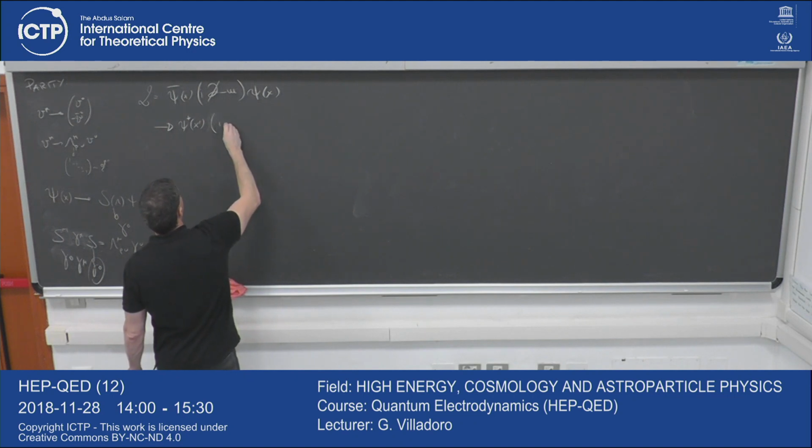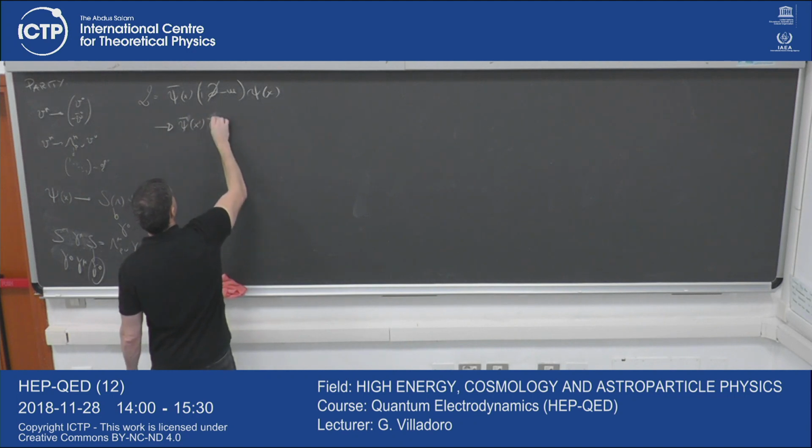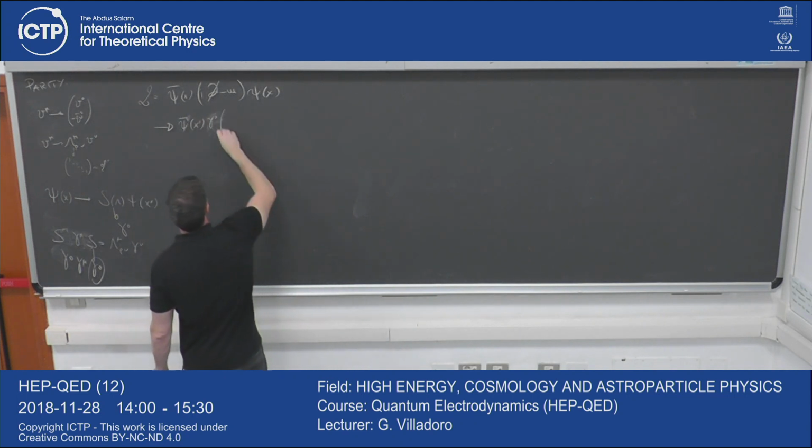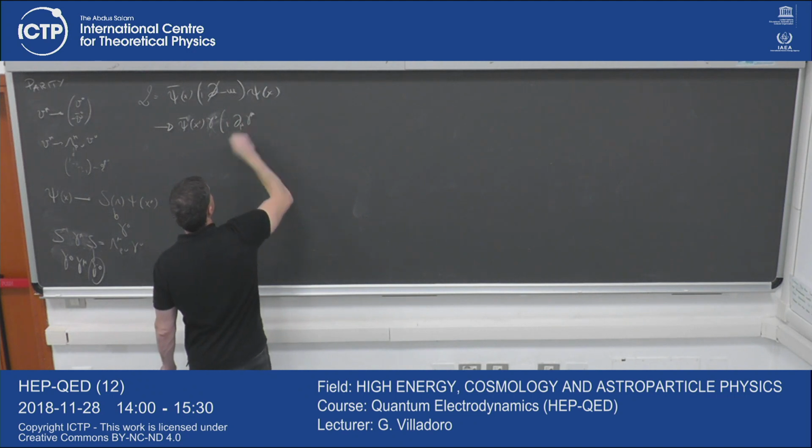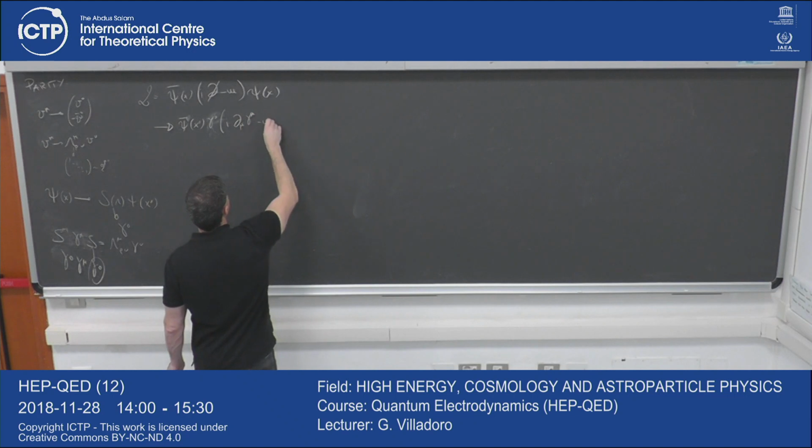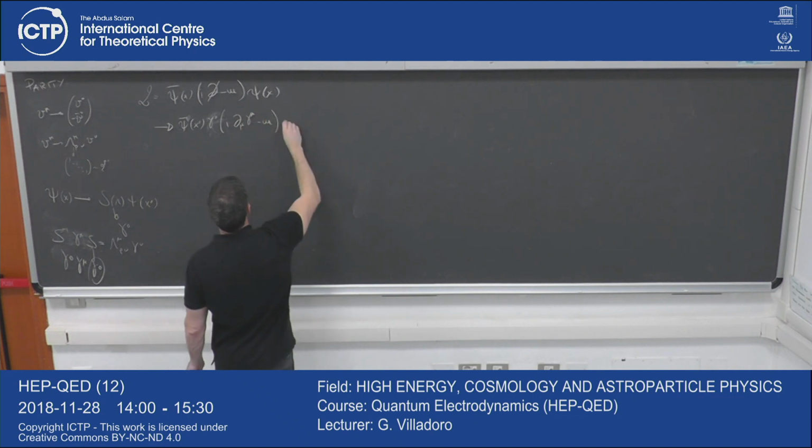Here you have, let me keep it explicitly, gamma naught, then i d mu gamma mu minus m, times gamma naught psi of x prime.